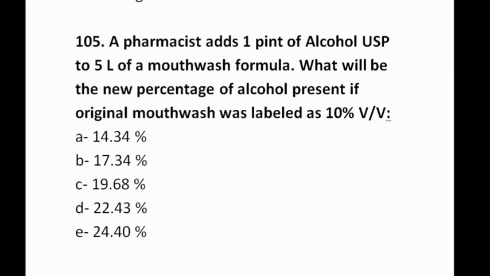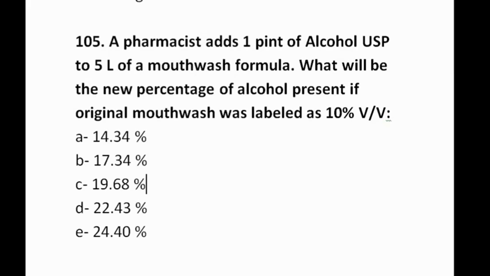So if it is 10 ml in 100 ml, then what will be the amount in 5 liter of mouthwash formula? This can be calculated as 10 divided by 100 multiplied by 5000, because 5 liter contains 5000 milliliter. This will give us the amount of alcohol in the 5 liter mouthwash formula.